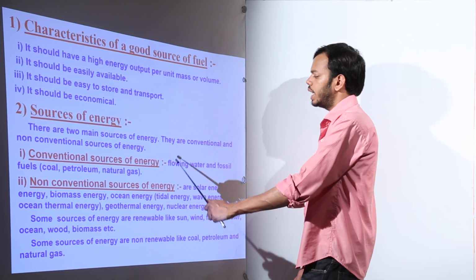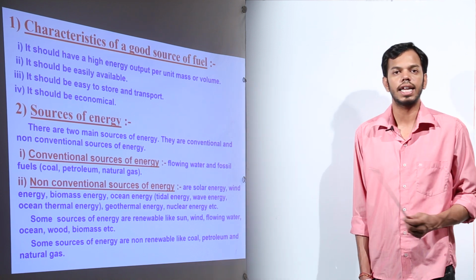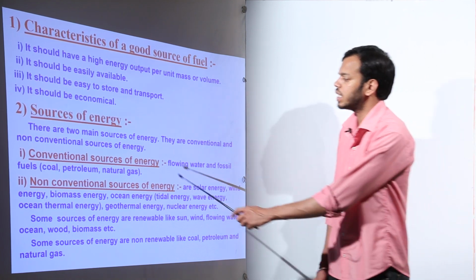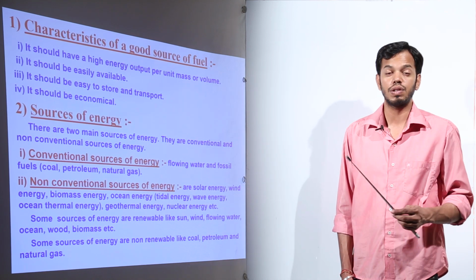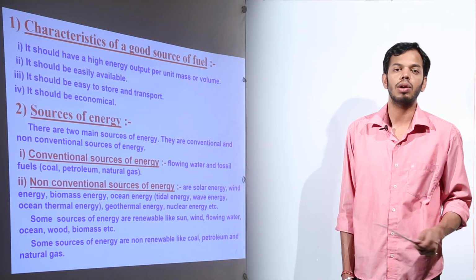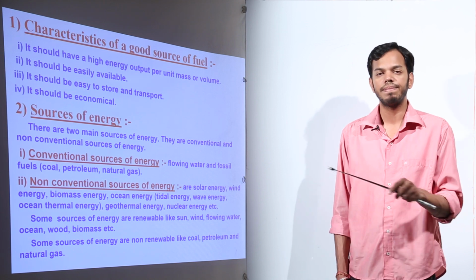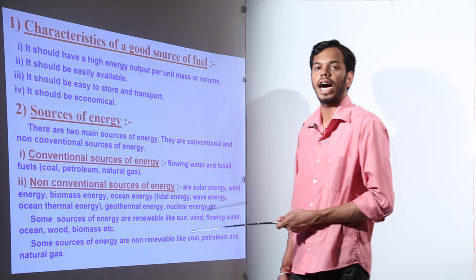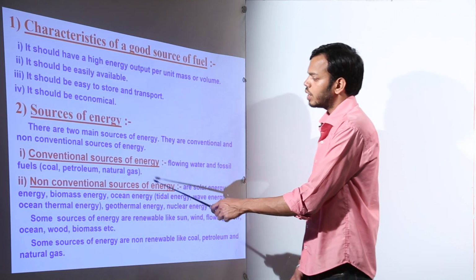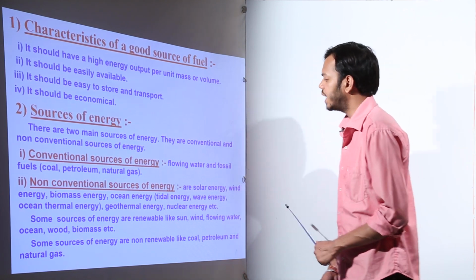Then there are non-conventional sources of energy, which are those sources we can harness indirectly, not directly, because we have to use some techniques to get the energy harnessed out of them. So this is conventional and non-conventional sources of energy.